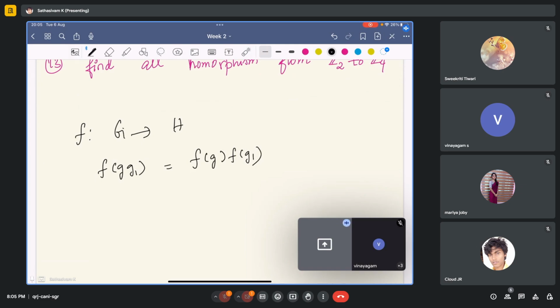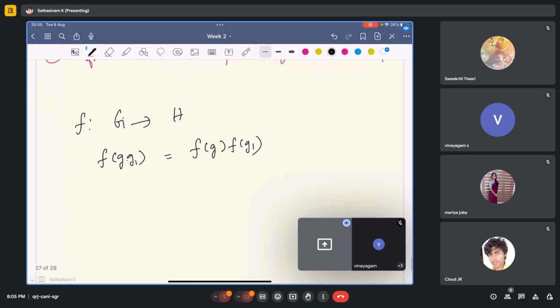If the map satisfies this property, then I call this a homomorphism. When I write here G, probably I have to put a dot here, which is the group operation. This is the operation in G, and this is the operation in H. Those are different operations, not necessarily the same. But sometimes we just put a dot. It is understood from the context where the multiplication is happening.